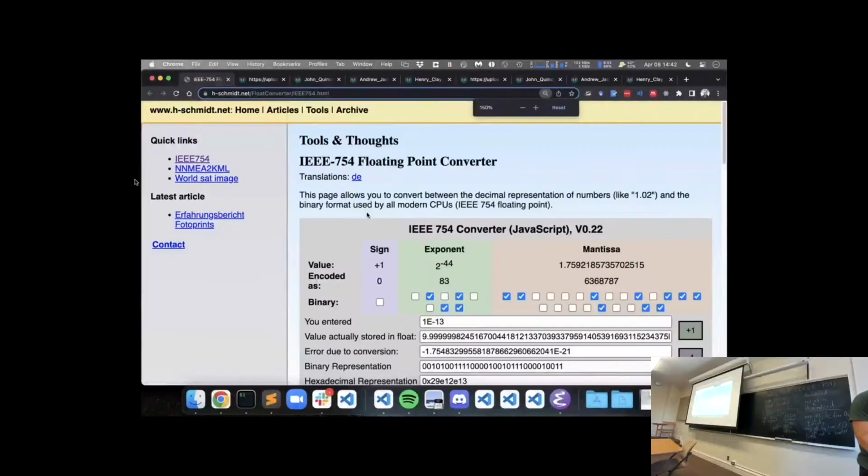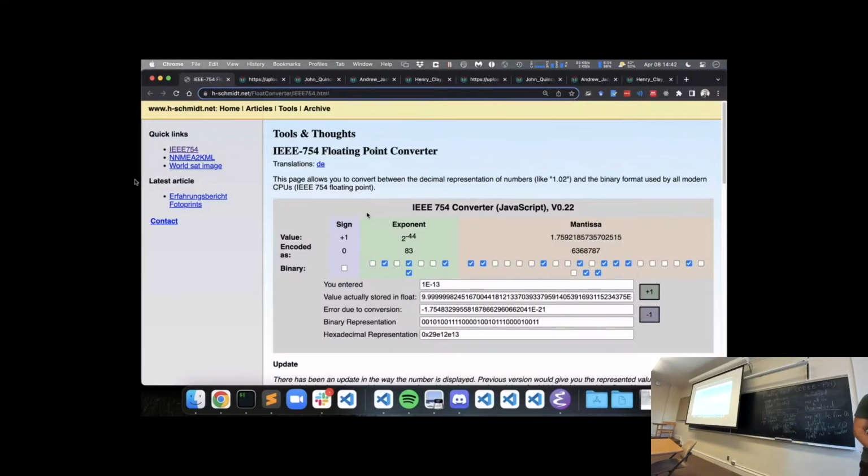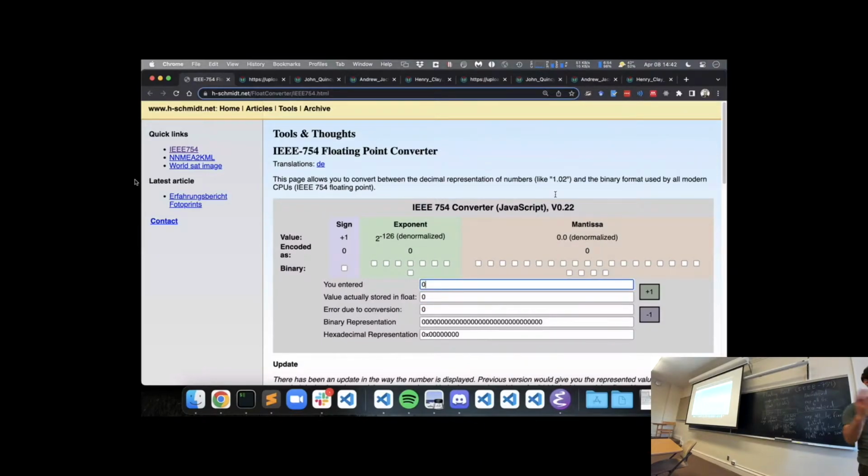Other questions? All right. Last thing that I want to say about floating point is there's this floating point converter/simulator, which is linked from the notes on the course webpage, and it allows us to see how single precision represents different numbers. So I can say, okay, give me 0.